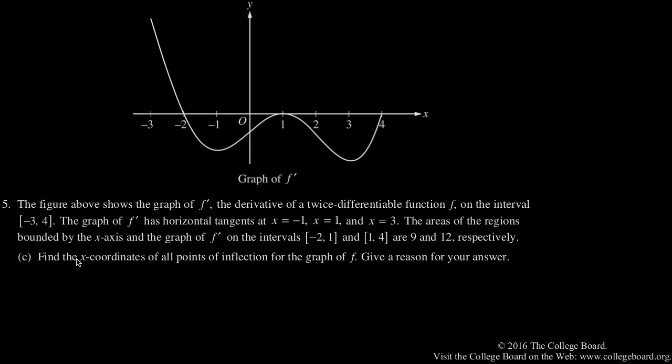Part C, we want to find the x-coordinates of all points of inflection for the graph of f, and give a reason for that. So we'll get inflection points when the second derivative changes signs. We're looking for the second derivative to change signs.